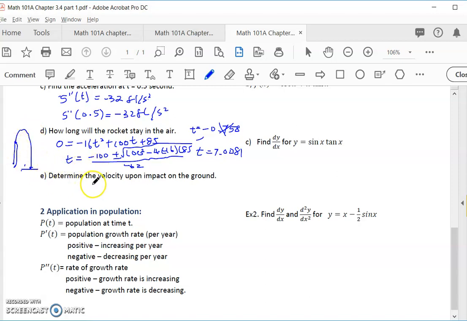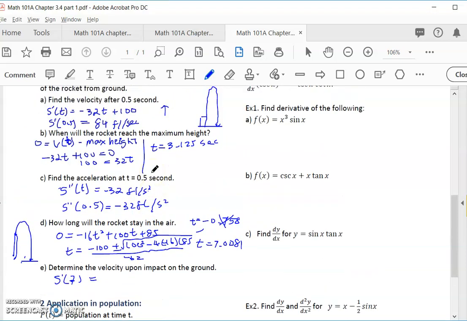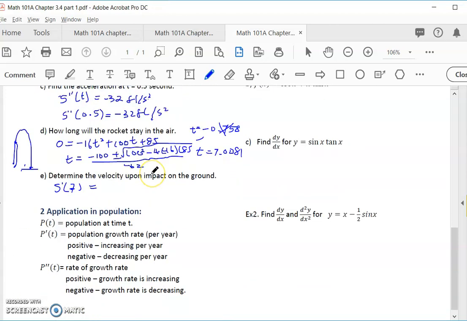Determine what the velocity is upon impact. So I mean at time t, what is the velocity? So you have your s prime already. s prime of 7. Let's just round it to 7. It would be what? s prime of t is negative 32t plus 100.